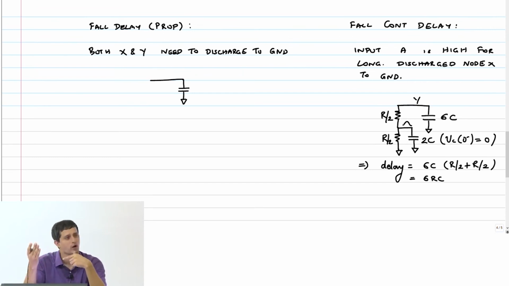So those are second order effects. The first order effect is you can neglect that and you will have 6 RC. The fact is contamination delay is lesser than the propagation delay in these two conditions. As I told you, you can check it out through simulations. It may not be exact, that's all.